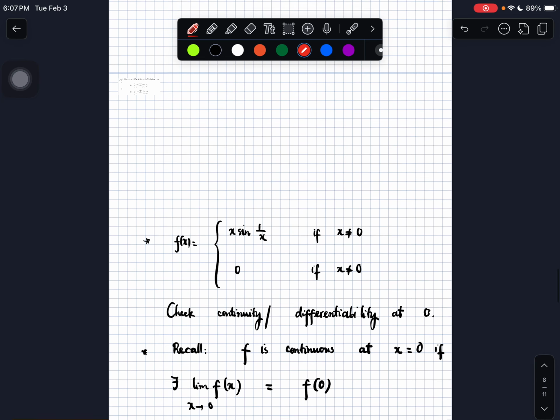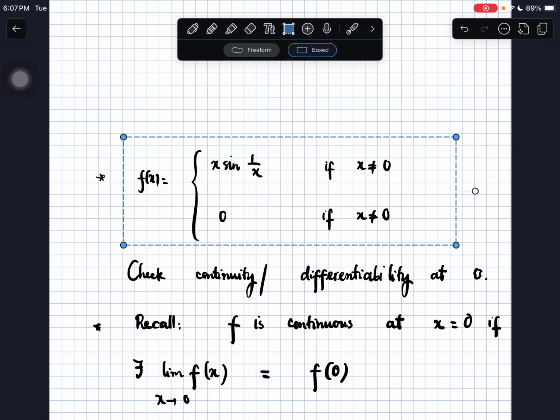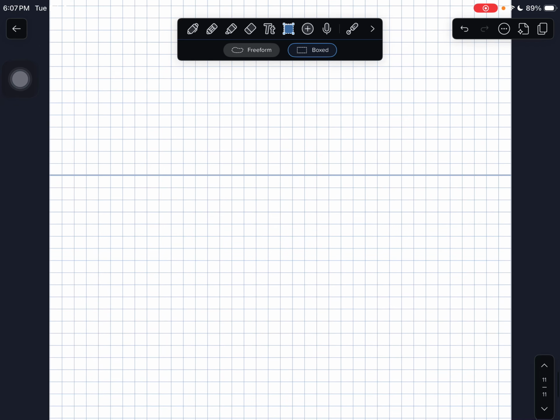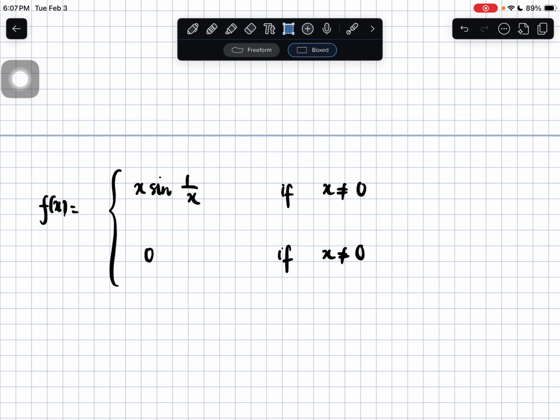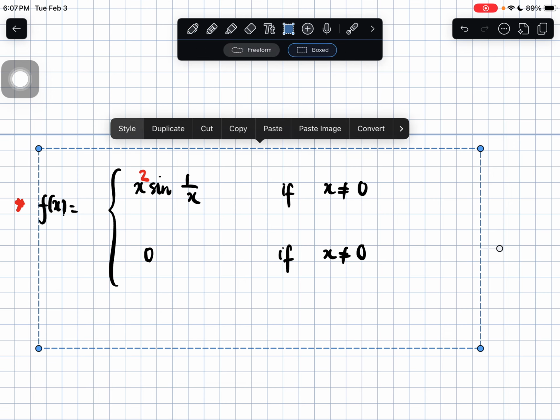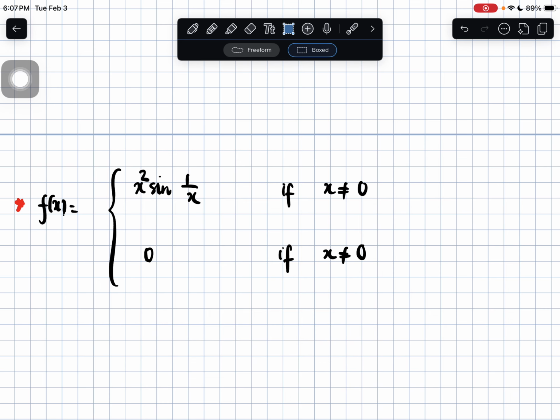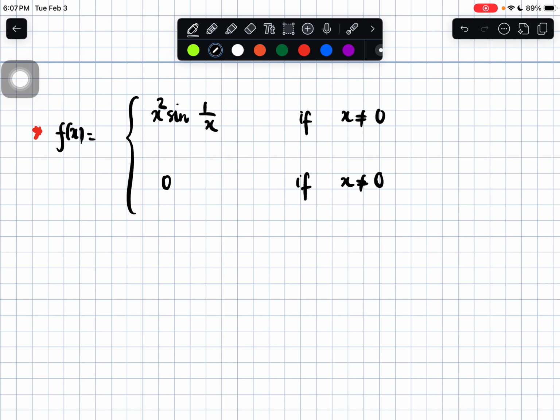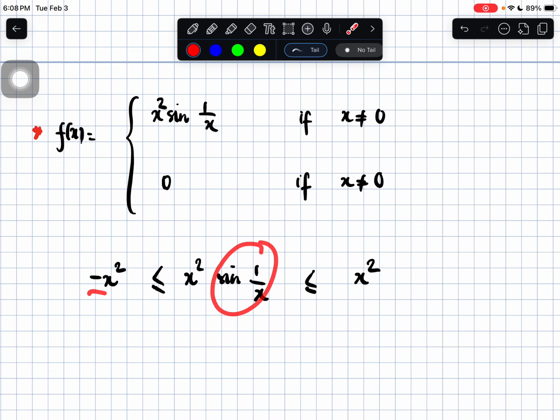Now let's change the question a bit. We have this, but now the definition of function f is x squared times sine 1 divided by x. Then this function wouldn't be differentiable at 0? So when we check the continuity, we have x squared sine 1 divided by x less than or equal to x squared and bigger than or equal to minus x squared, because sine is bigger than or equal to minus 1 and less than or equal to 1.